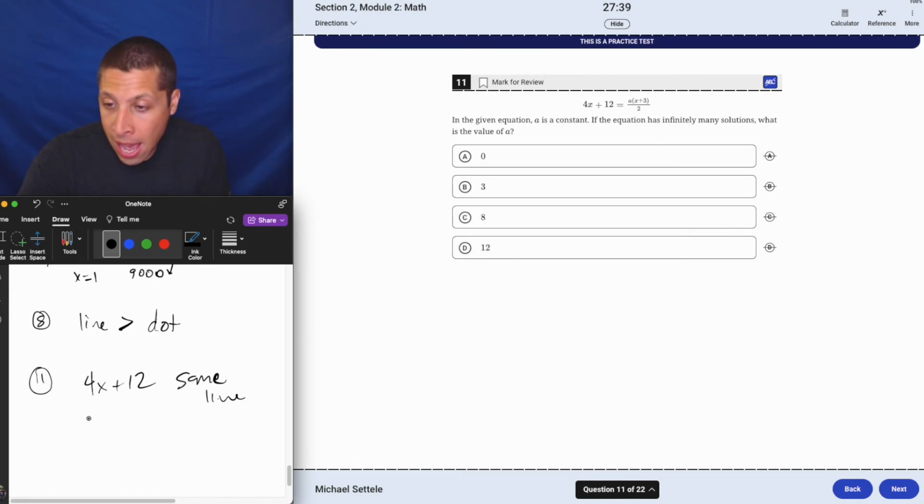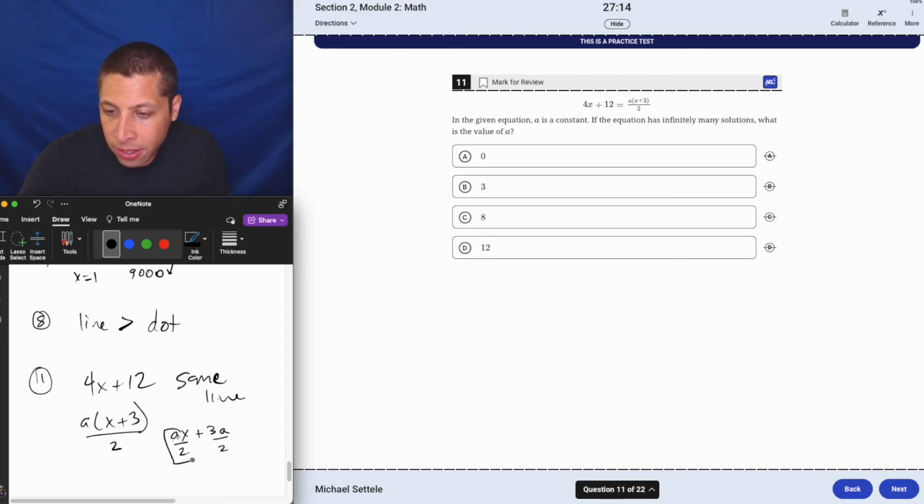So A times x plus 3 over 2 has to match up. Let's distribute the A. That's AX plus 3A, and these are both over 2. There's a couple places we can go here.